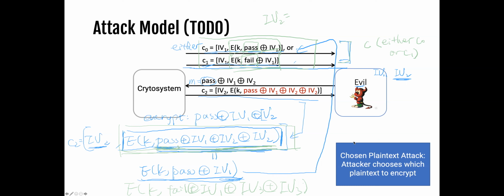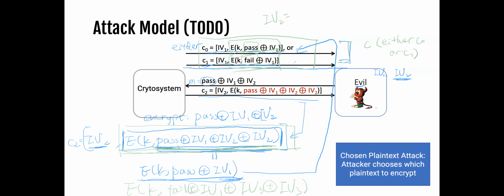Cool. Now comes the chosen plain text attack. Emma was asking why Evil can just send a random plain text to the crypto system, and I told her this is just the way the attack model works. This kind of attack we call a chosen plain text attack, meaning that Evil has the ability to select a plain text and ask the crypto system to encrypt it for him.